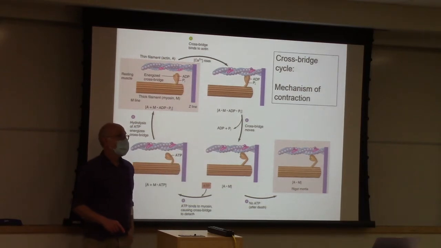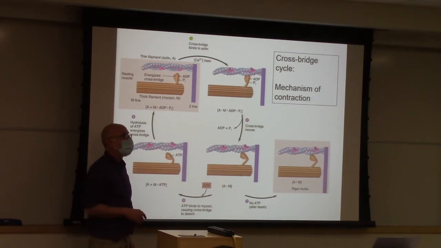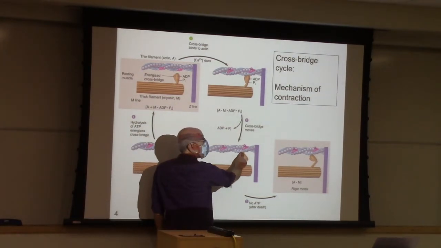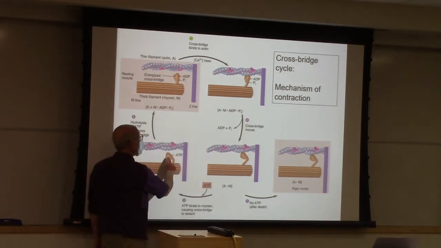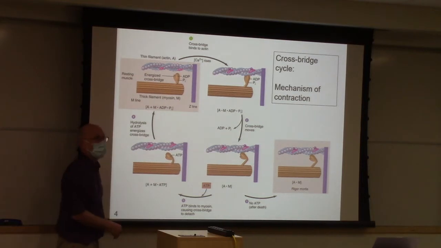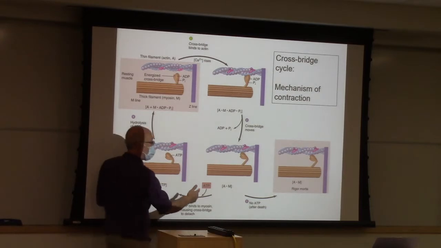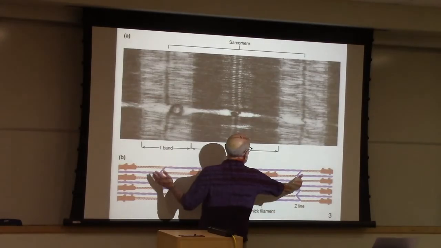Sure, yeah. And the binding of ATP causes it to detach from actin. Right. The hydrolysis of ATP causes it to go from flexed to extended. Thank you. And doing this cycle 100, maybe 1,000 times per contraction pulls the Z discs shorter.